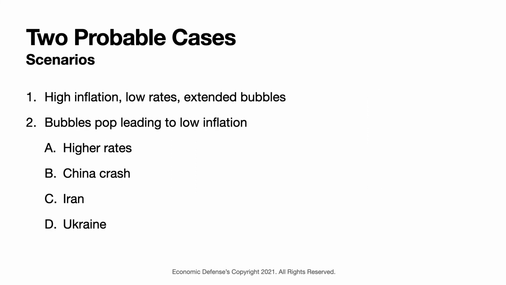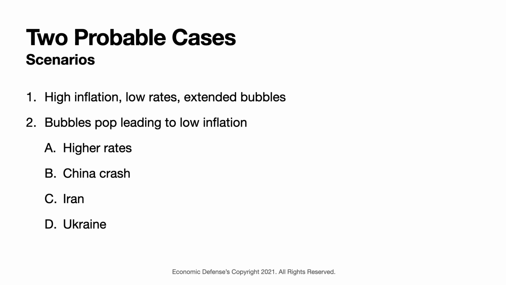And so, in terms of thinking about what to defend against, we can see that there are two basically probable cases or scenarios that we can think of. One is that everything continues similar to what's happening now, with high inflation, low rates, but also it means that the bubbles are extended.